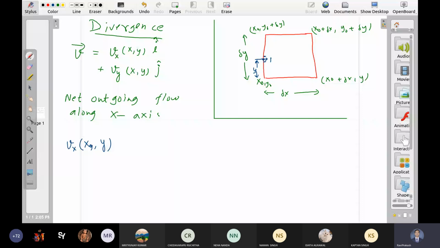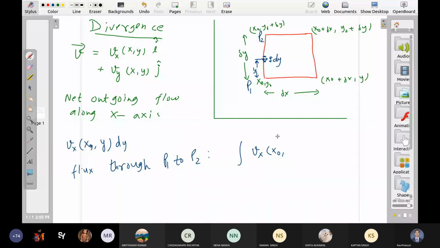How much is the flux passing from P1 to P2? It is the integral of Vx at x naught and y, where y can be written as y naught plus y prime, dy.